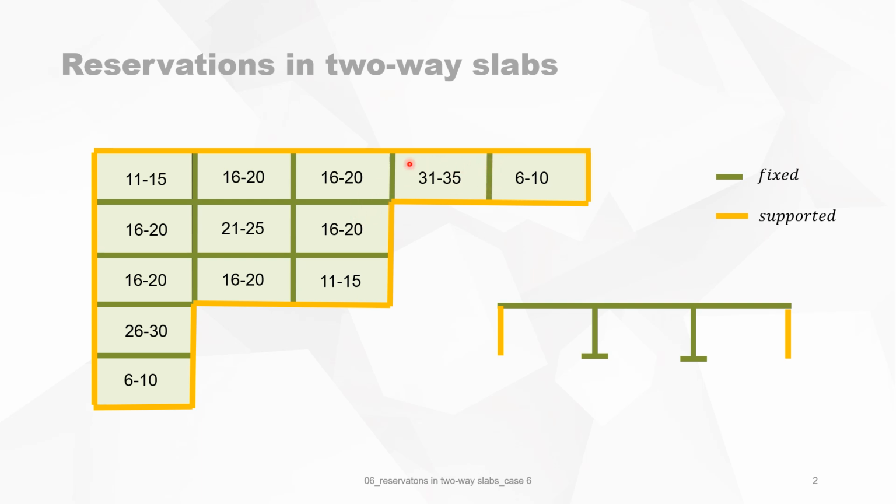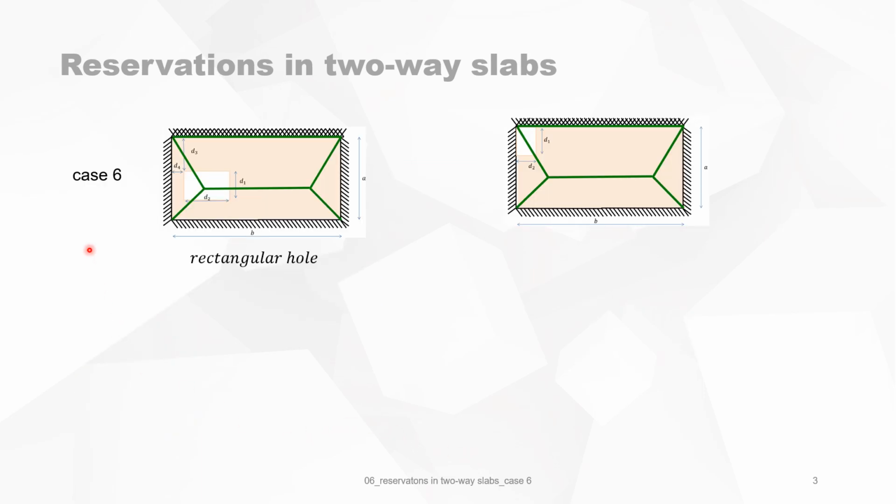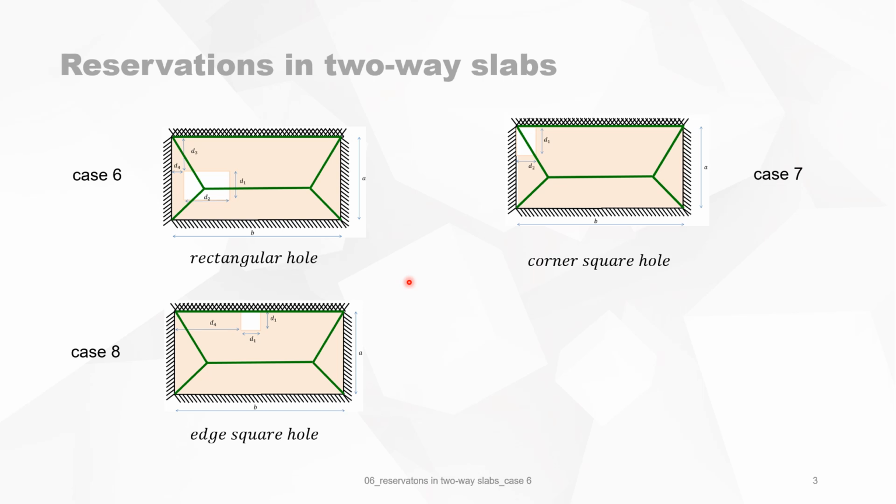So the dark green means the slab is continuous and it's clamped at that location. Case 6 is a reservation type, like it is described here. Case 7 is the corner square hole. Case 8, the edge square hole.